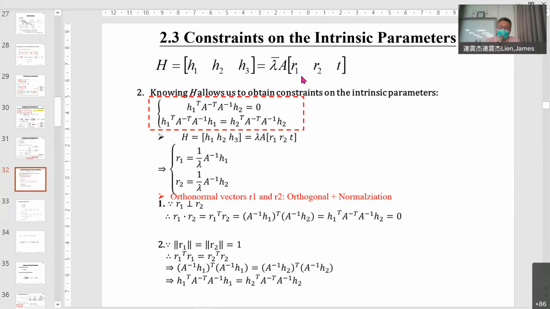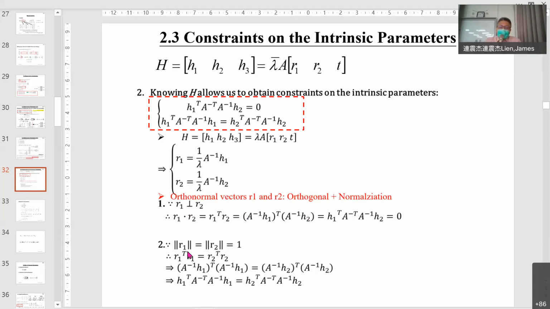Because we have a rotation term. So in a rotation of coordinates, what are the characteristics of the axes' rotation? First, between axes, R1 will be orthonormal to R2, the axes must be perpendicular. The first constraint is that R1 is orthogonal to R2, so it's 90 degrees here.